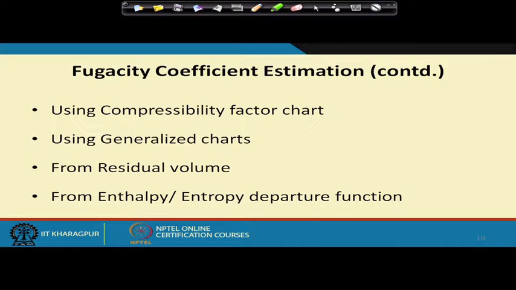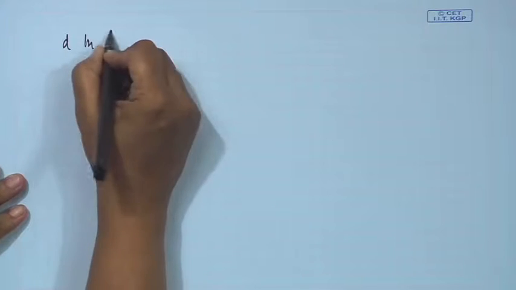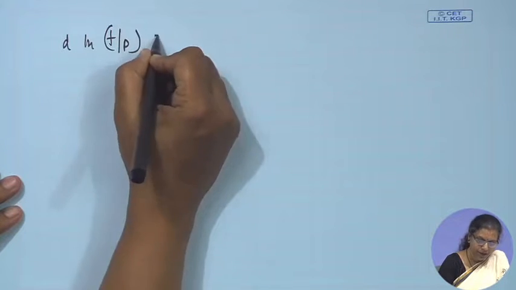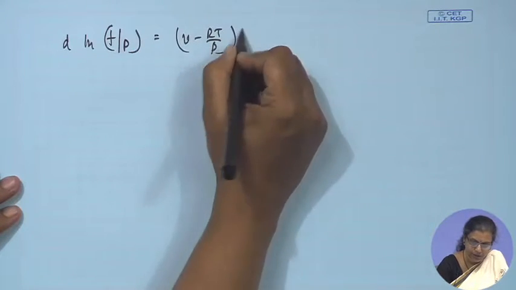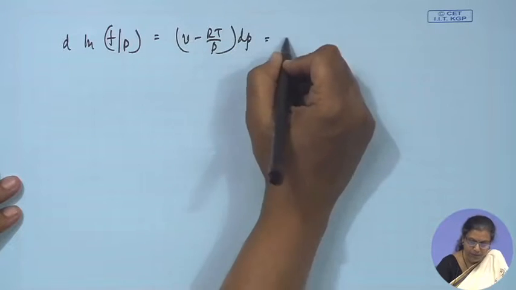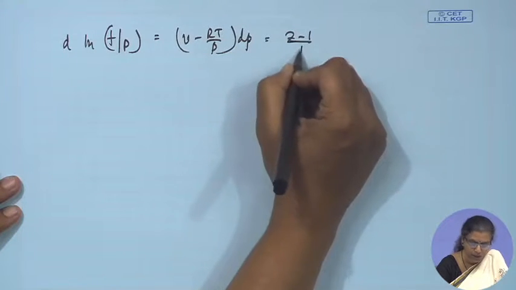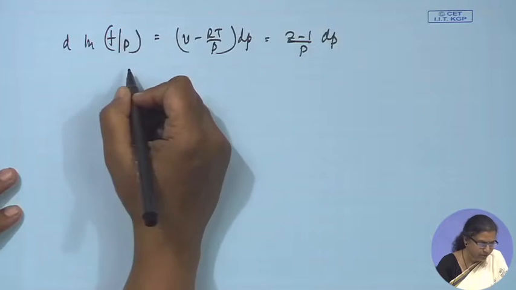For that, in what way should we express this equation? We can express it as d ln(f/p) equals (V minus RT/p) dp, which is the same thing I had written, which is nothing but (Z minus 1)/p dp.